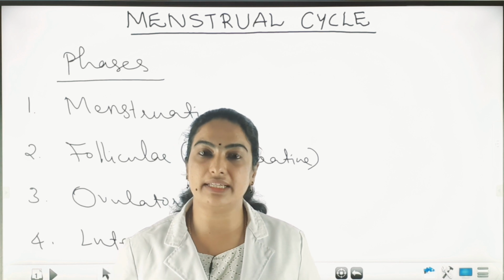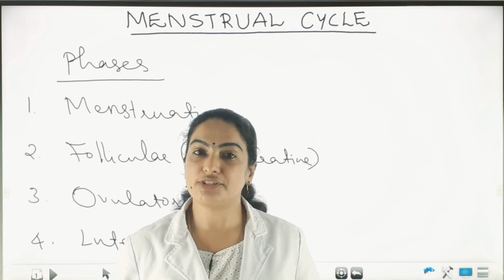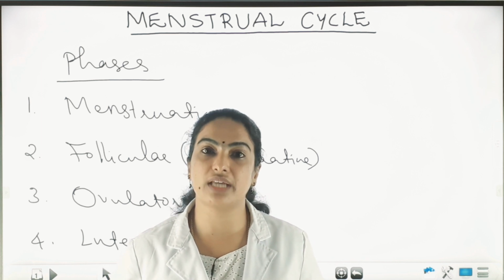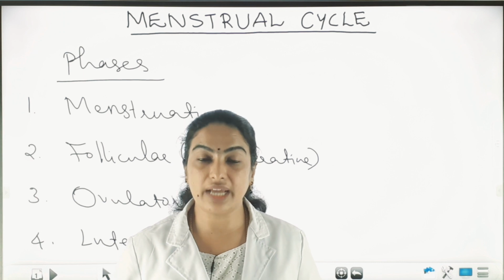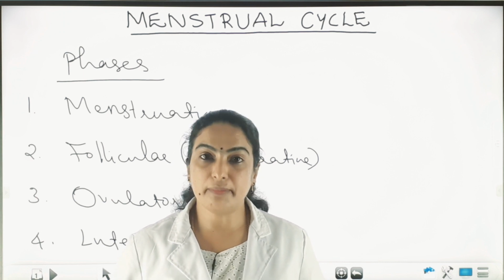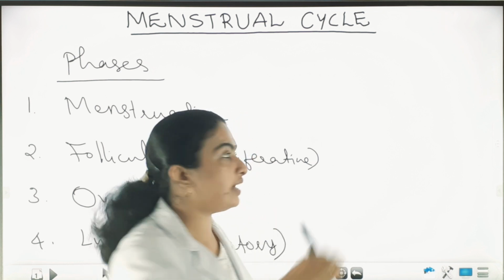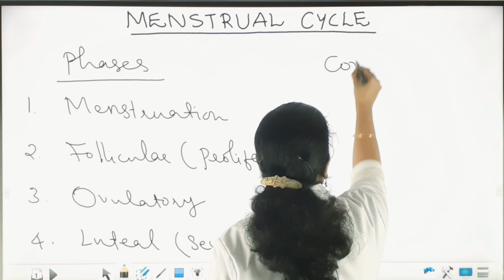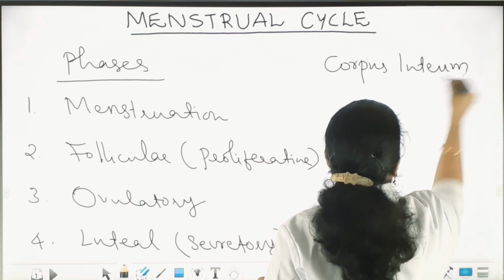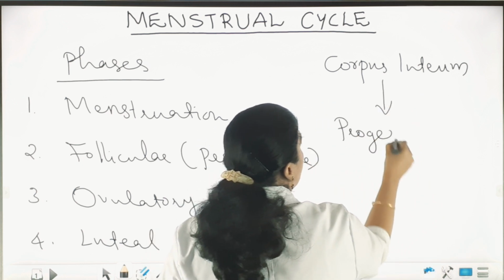These are the 4 major phases in the menstrual cycle. And the ovum release or ovulation occurs in the middle of this cycle. As you know, ovulation is the process of releasing of secondary oocyte from the ovaries by the rupturing of Graafian follicle. The remaining Graafian follicle forms a yellow body which is known as corpus luteum, and it secretes the hormone progesterone.